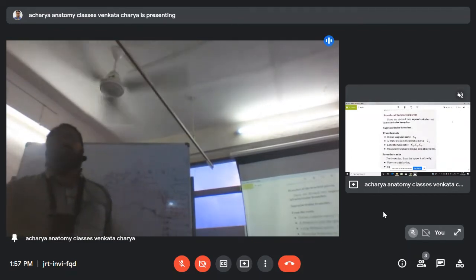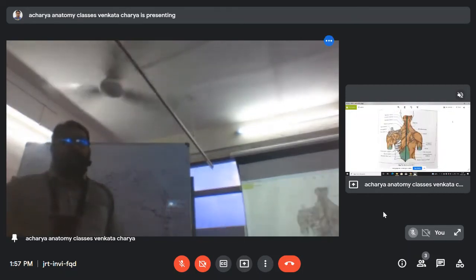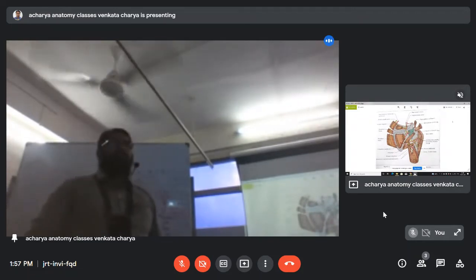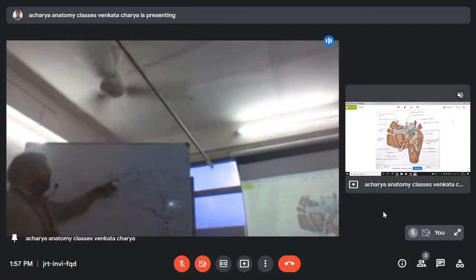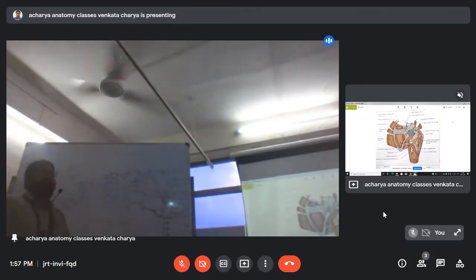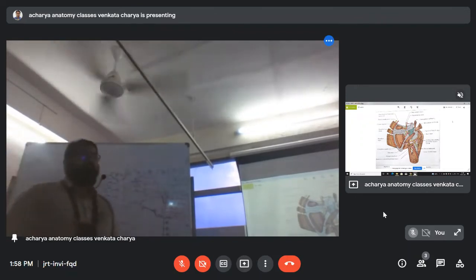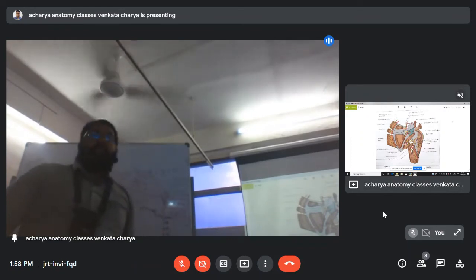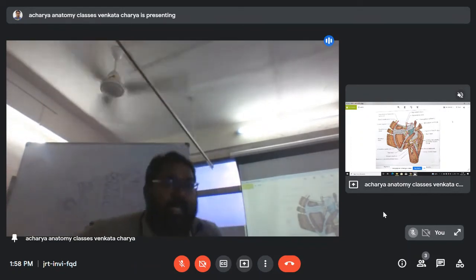First one is the dorsal scapular nerve. It arises from the C5 root of the brachial plexus.